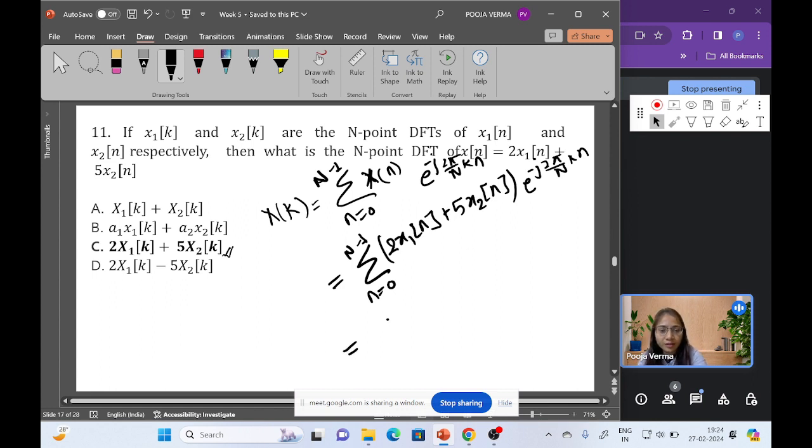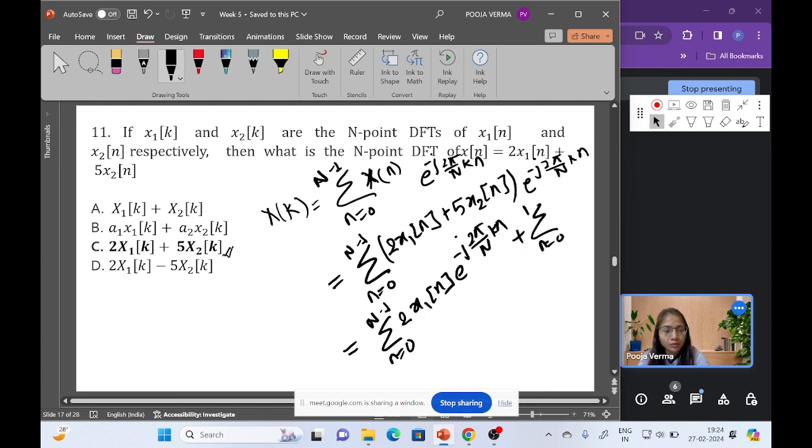If we open this bracket, then we get the sum of 2x1 of n e to the power minus j 2 pi by N k n plus the sum of 5x2 of n multiplied by e to the power minus j 2 pi by N k n.